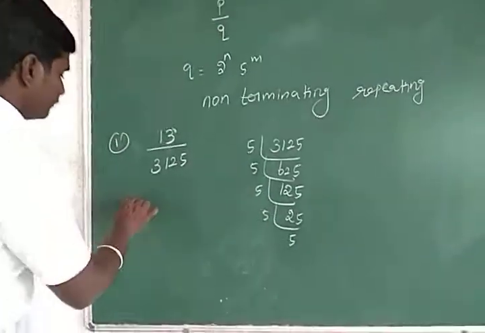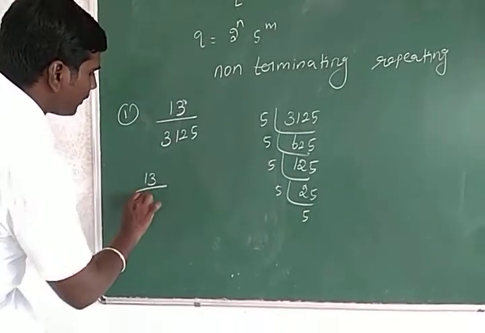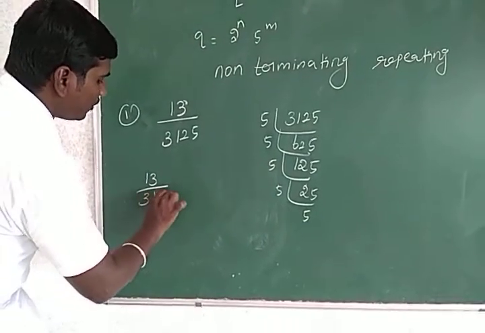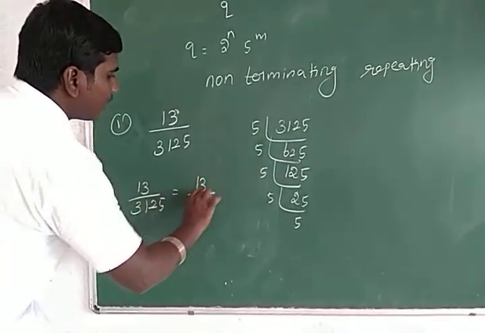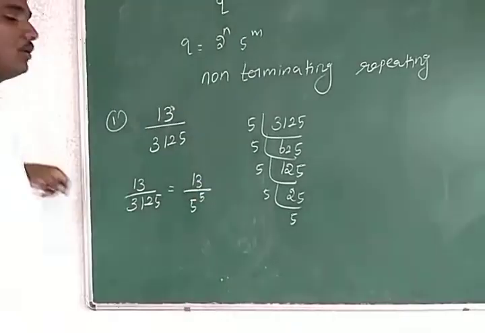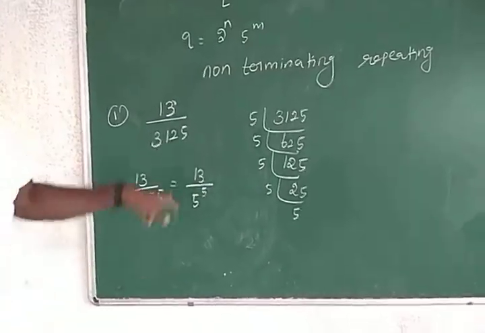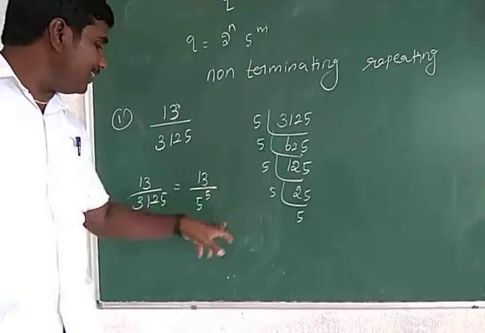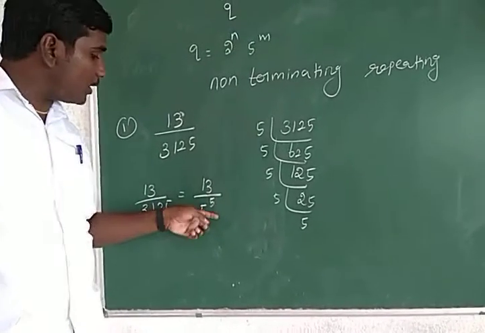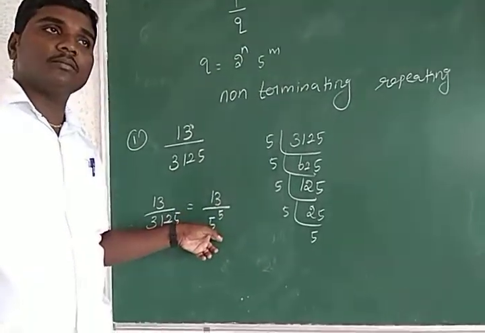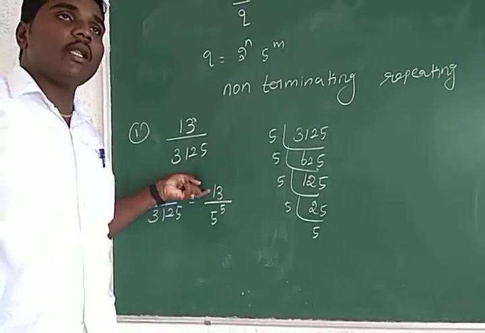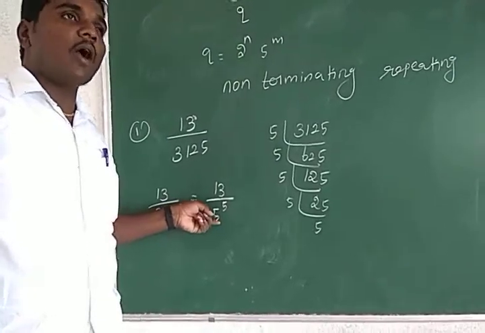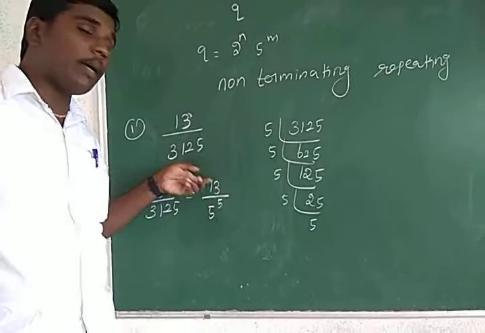So 13 divided by 3125 we can write as 13 divided by 5 power 5. 13 is a prime number. In the denominator there is no common factor. Now, numerator and denominator have no common factor other than 1, so these two numbers are co-prime.